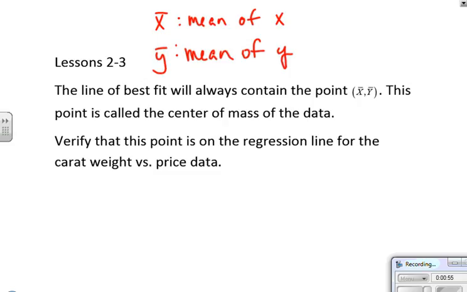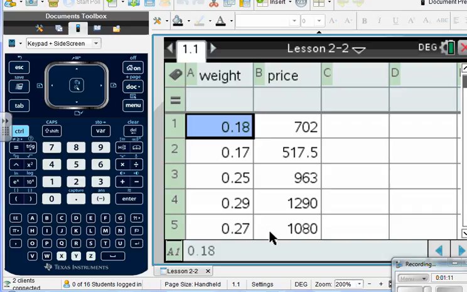Just to make sure that I'm not lying to you all, we're going to verify that that point really is on the regression line for the data we looked at last time, which was the carat weight of the diamonds versus the price. Hopefully you still have that data in your calculator.